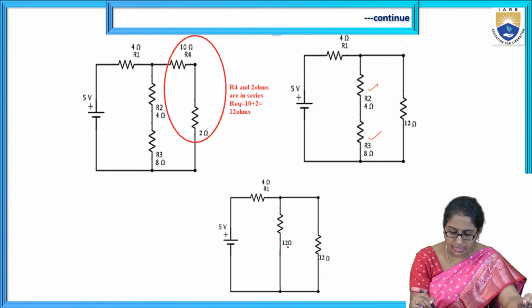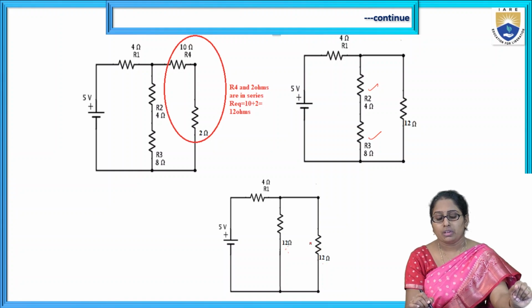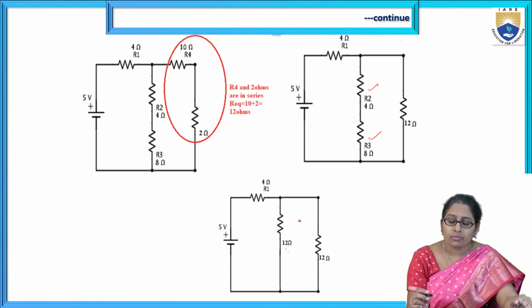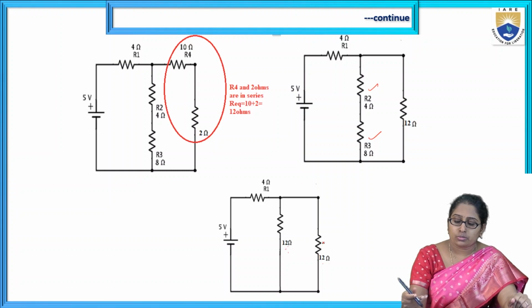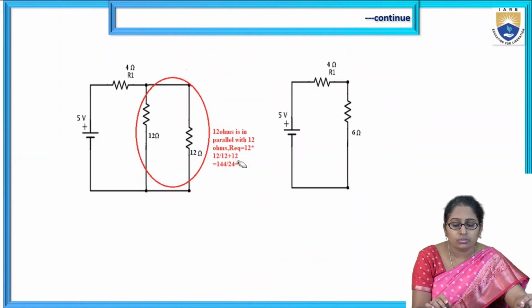Next, the equivalent of this 12 ohms and this 12 ohms. We know that the equivalent of two resistors in parallel is the multiplication by the sum. So 12 into 12 by 12 plus 12, so 144 by 24, which gives a value of 6 ohms.